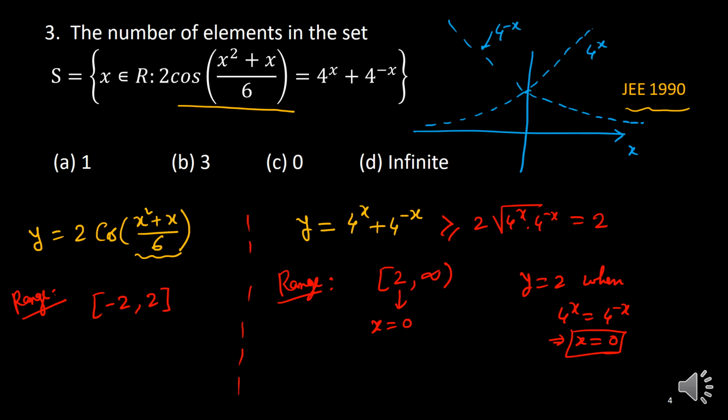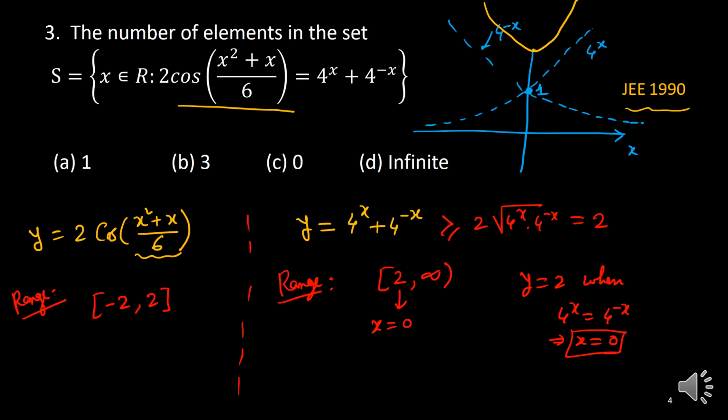They will cut at this point, and that value at x equal to 0 is 1. The addition of these two: at every point, 1 plus 1 is 2 here, so everything will be like this.